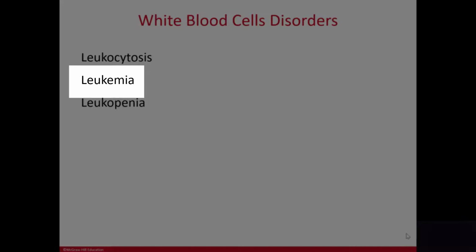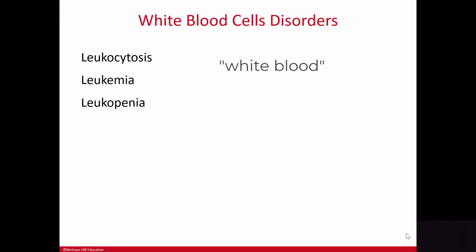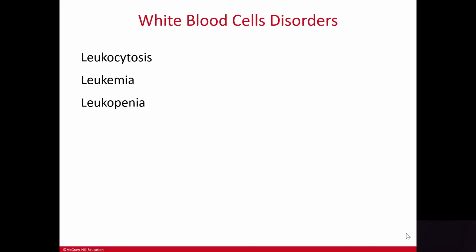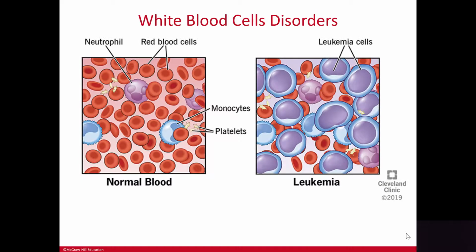Leukemia will also cause an increase in the number of white cells, but the condition is very different. Leukemia literally means white blood, and this term refers to a group of cancers that causes an overproduction of abnormal white blood cells that don't function properly. The abnormal leukocytes take over the bone marrow and cause a decrease in red cells and normal white cells, and also platelet production, leaving the body vulnerable to infection and bleeding.